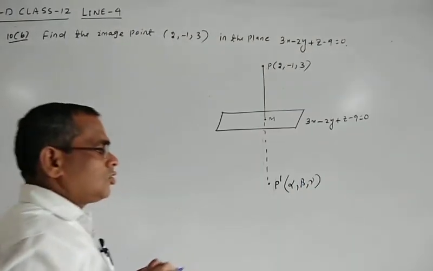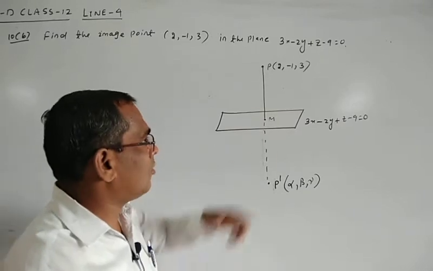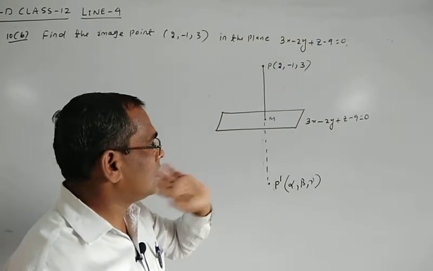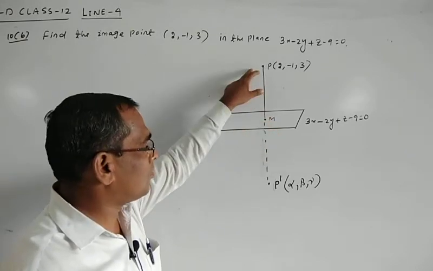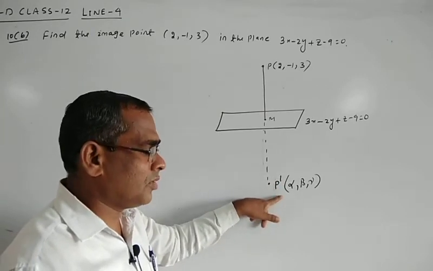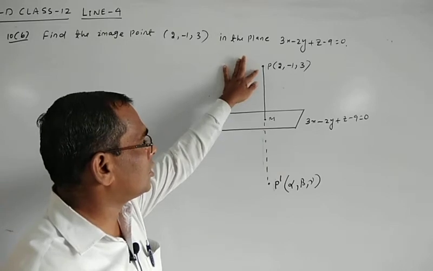So P dash (alpha, beta, gamma) is the image point of P (2, -1, 3), whereas M is the midpoint of P and P dash. Because this point is the image point, it will be at the same distance from M as P.